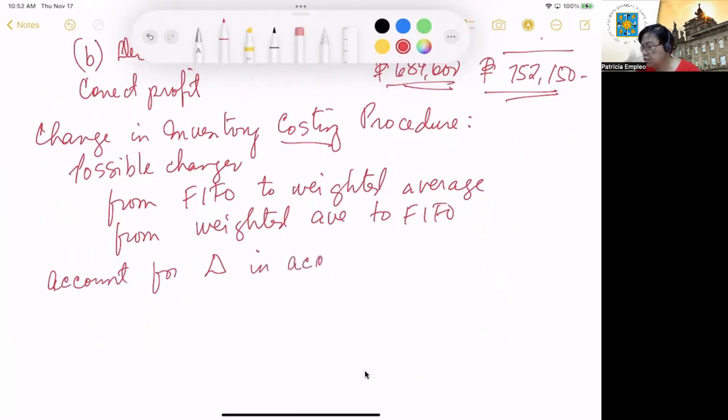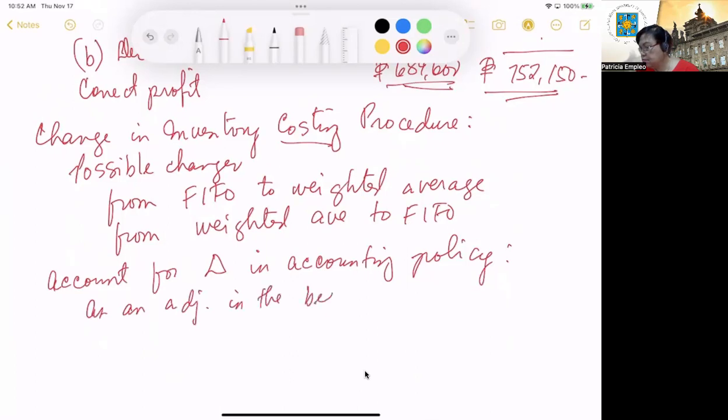So this is considered to be accounting policy, and you have taken this up in your conceptual framework. If you are now to apply the principles you have learned in your conceptual framework, the change in accounting policy is considered as an adjustment in the beginning balance of retained earnings or another component of equity.